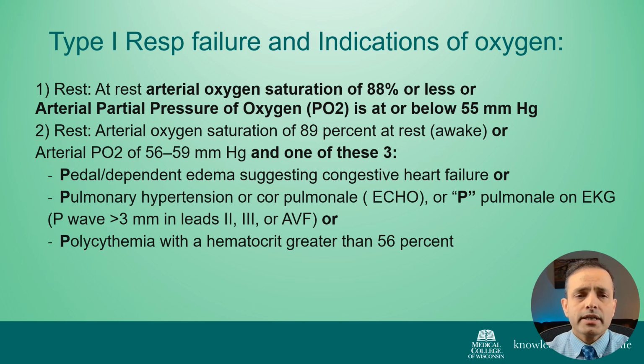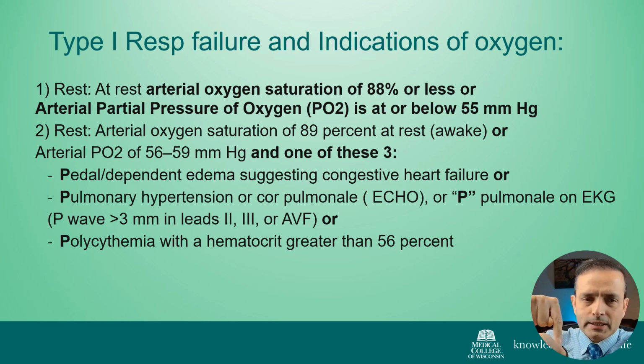Talking about type 1 respiratory failure, it is also the indication for oxygen. Like we talked about, when you are doing pulse ox, any number less than 88 corresponds, when you do ABG, with a number of 55 or less.